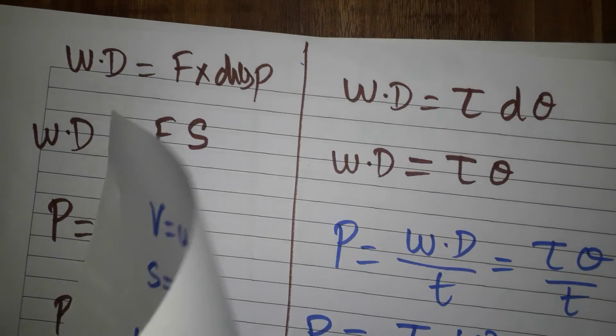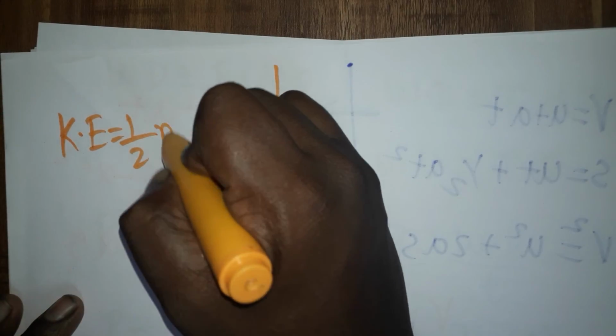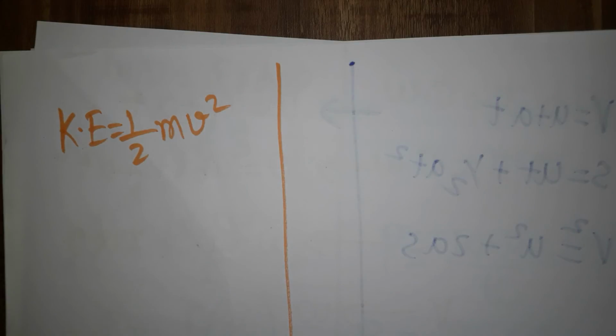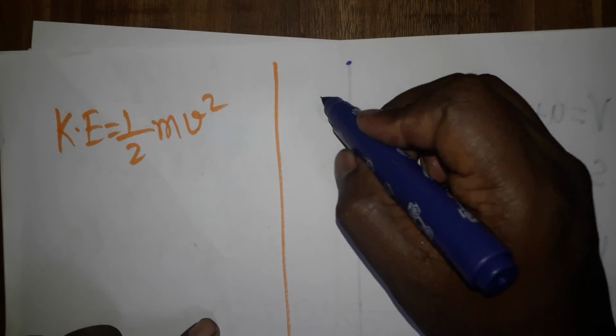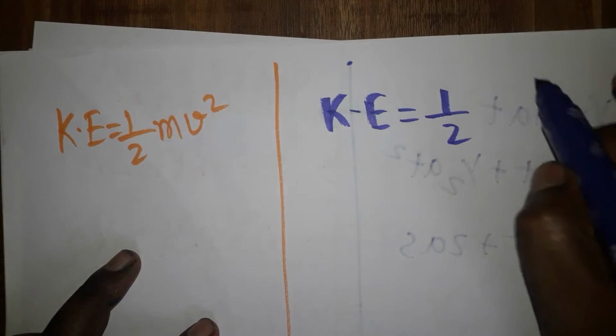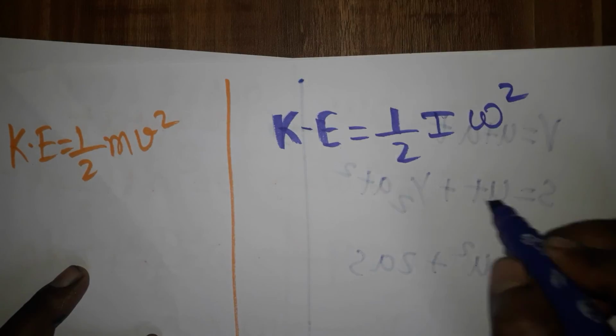Next, kinetic energy relation. On this side, what is the kinetic energy? Kinetic energy is equal to half mv square. What about rotation motion kinetic energy? It is half times mass, which we take as inertia, and velocity, which we take as omega, so half I omega square.